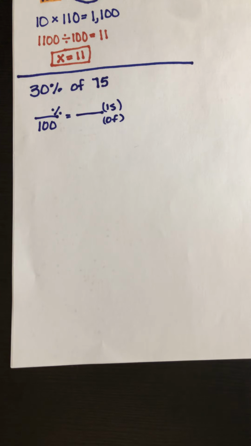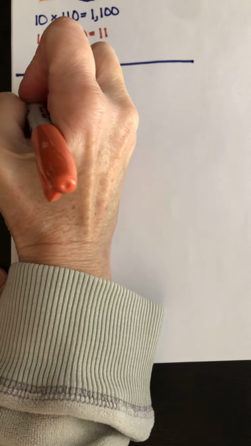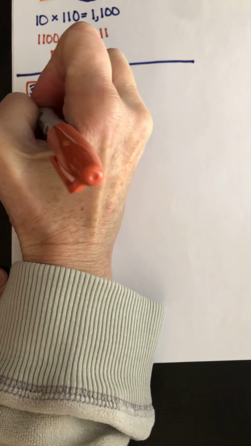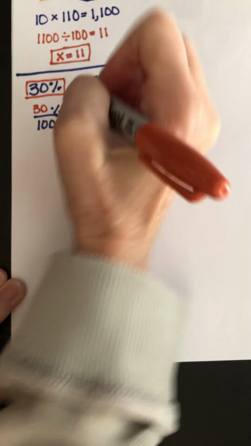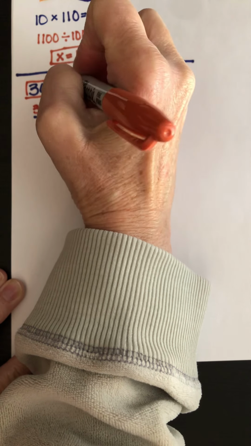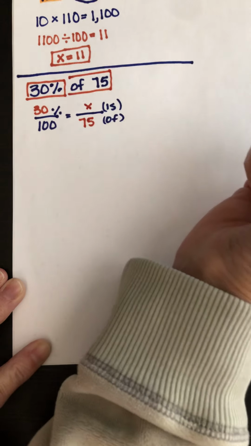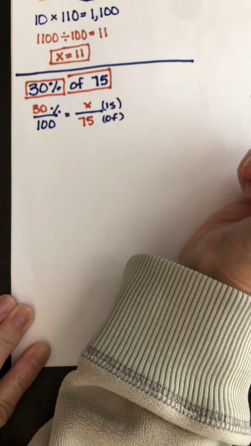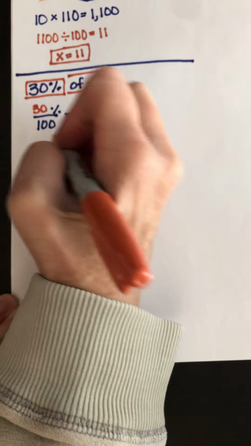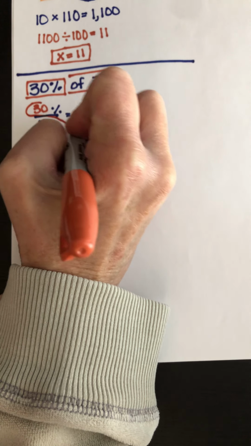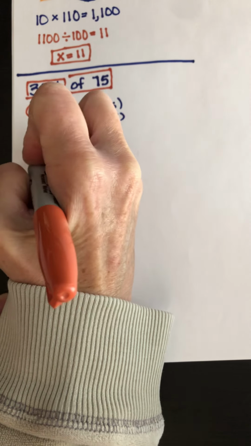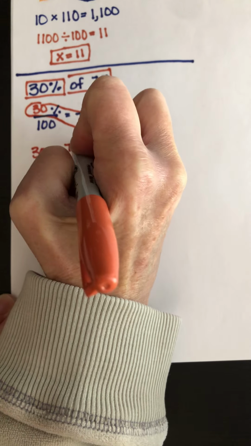So I'm going to see how you did. Thank you for pausing it and trying it. I'm going to plug in 30% above the percent of 75. 75 goes on bottom, and I don't know what my is, so I'm going to put a variable there. And you should have multiplied the two numbers we have, which are 30 times 75.